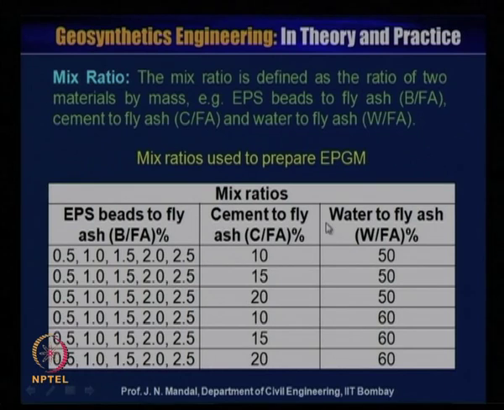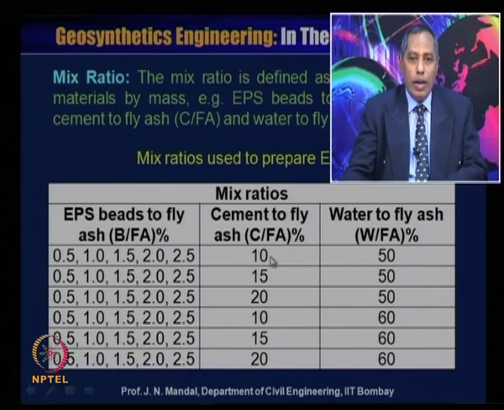And for the cement to fly ash ratio, C by Fa in percentage, we keep the amount of fly ash constant, that is 1000 gram. So we take cement of about 100 gram, or maybe 150 gram or 200 gram.